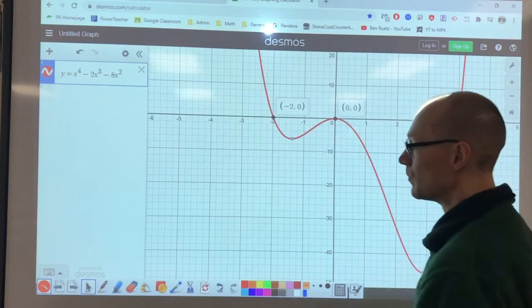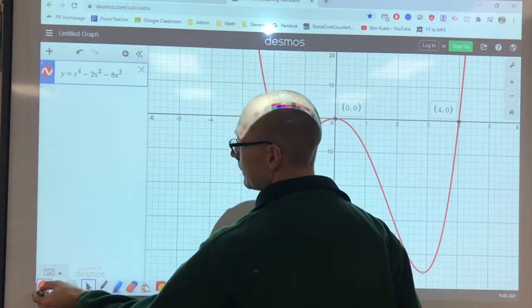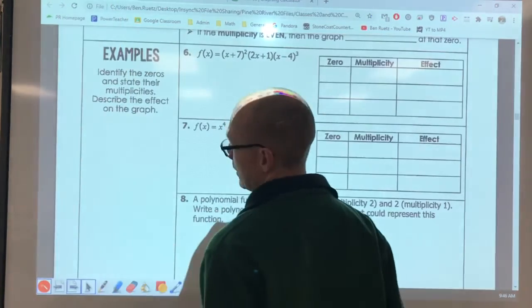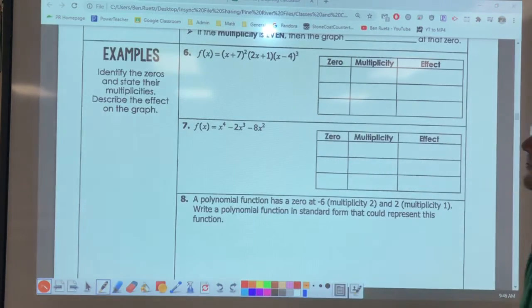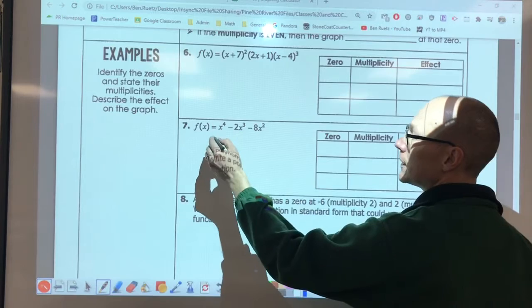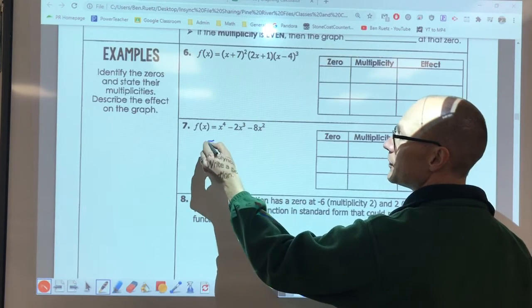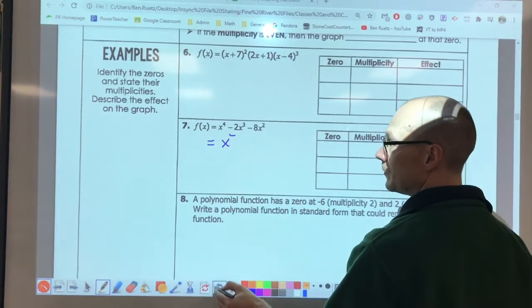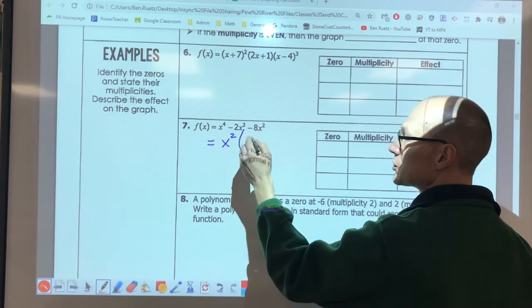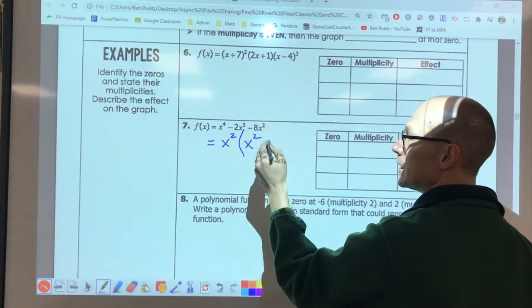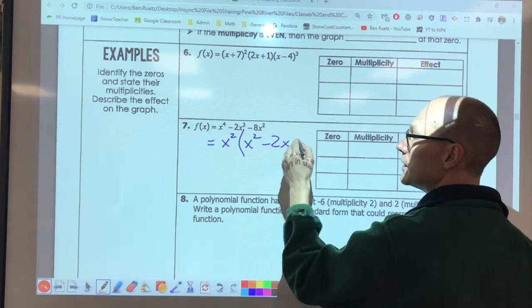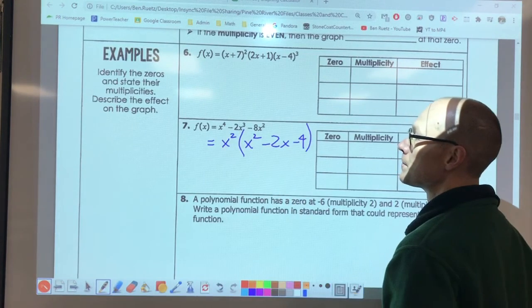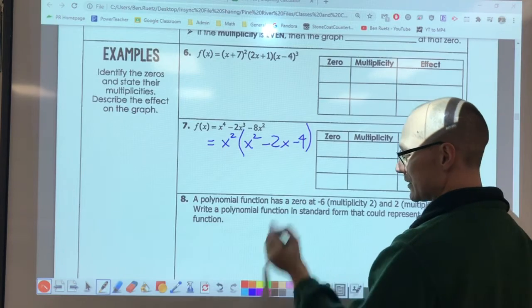The zero touches as a parabola. So let's jump back to this and see if we could almost factor this. I'm going to notice that there is an x squared. x squared times x squared minus 2x minus 8.